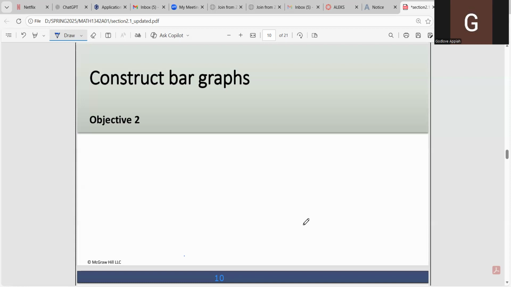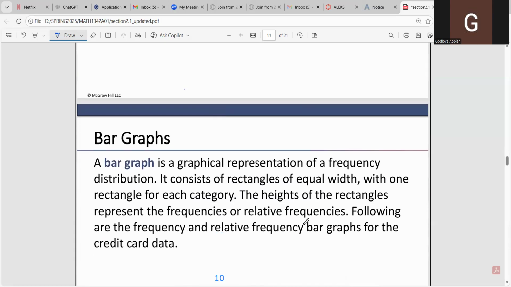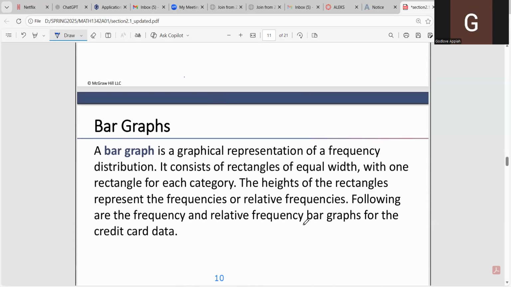So a bar graph is also another important graph that we can use to summarize or organize qualitative data. A bar graph is just a graphical representation of a frequency distribution.